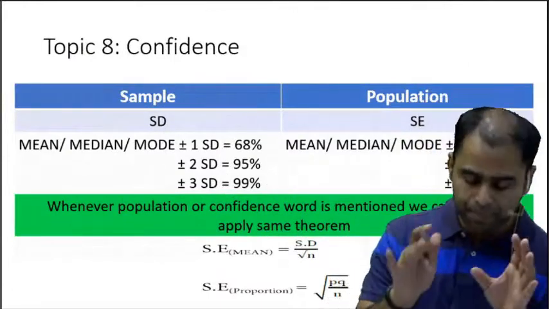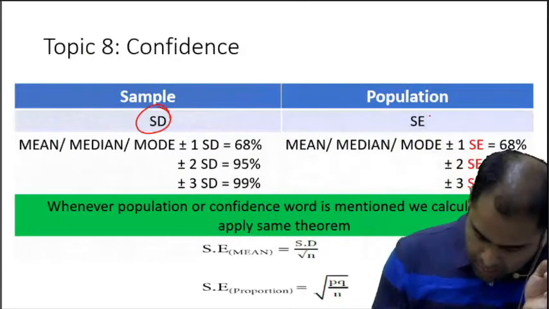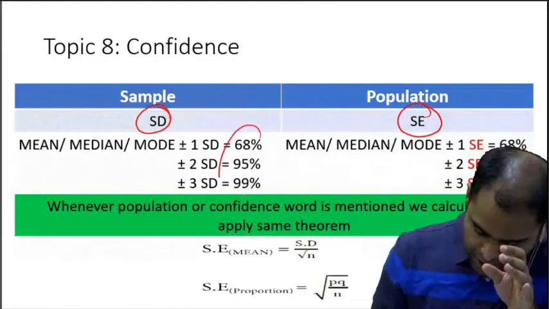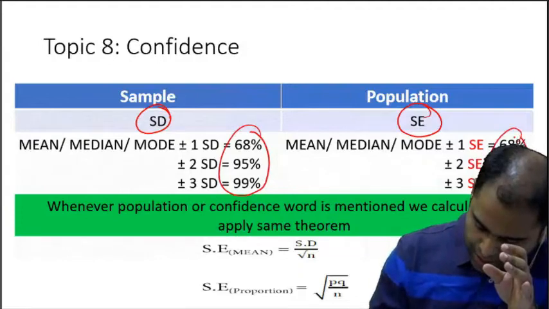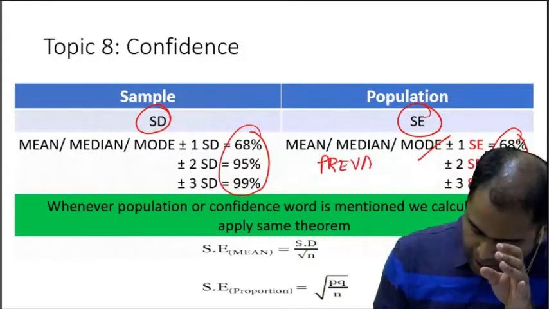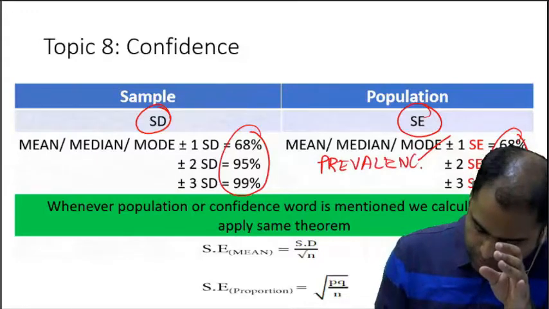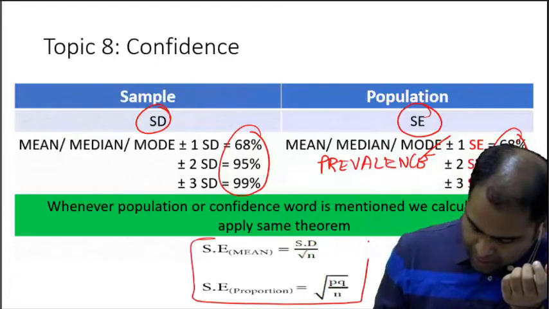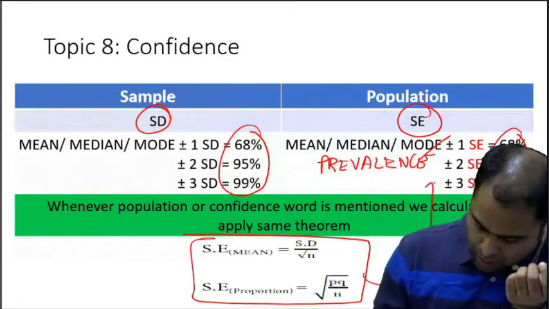Confidence. In sample, standard deviation. In population, standard error. Same theorem. 68, 95, 99. Just remember, for MCQ purpose, you can also take prevalence over here. Now, how to calculate the standard errors? By taking into account these two formulas.